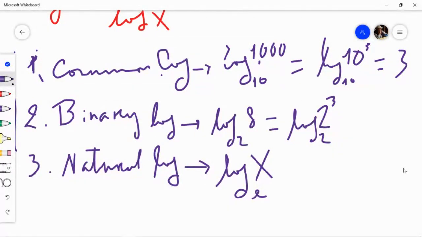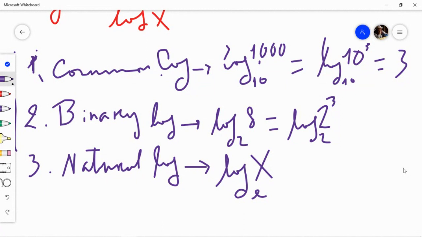Natural log doesn't have any limitations in the choice of the numbers it can take log of. Of course, with other logs, common log and binary log, you can take log of any number with base 10 or base 2.